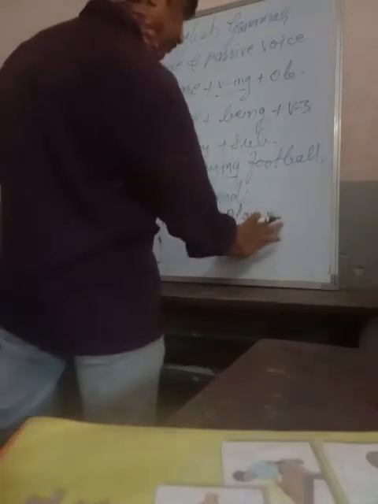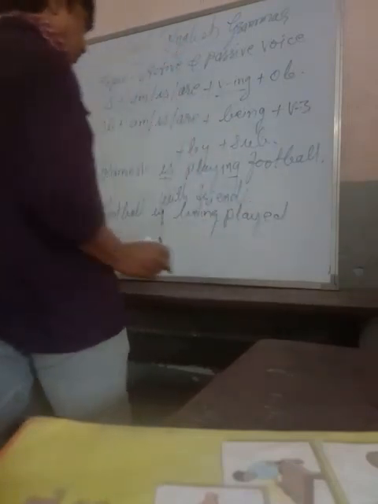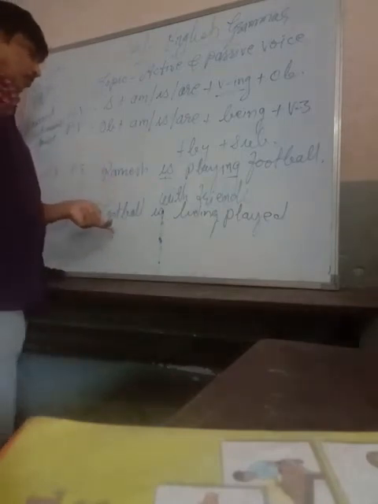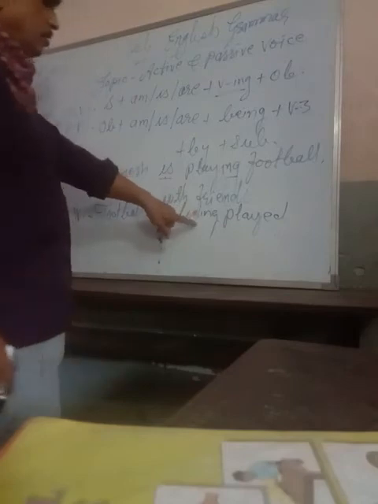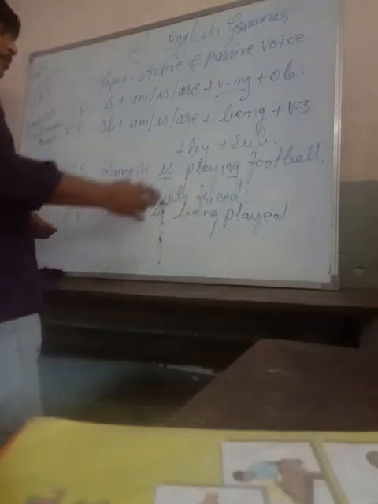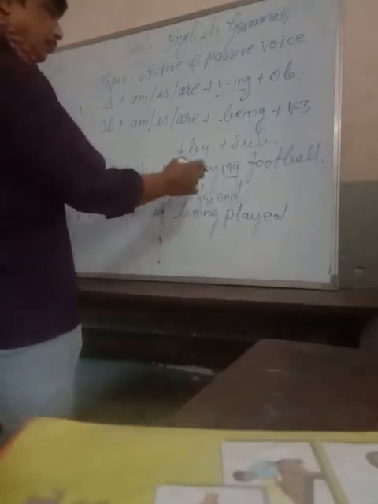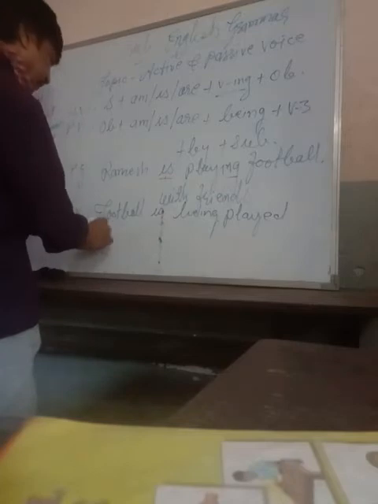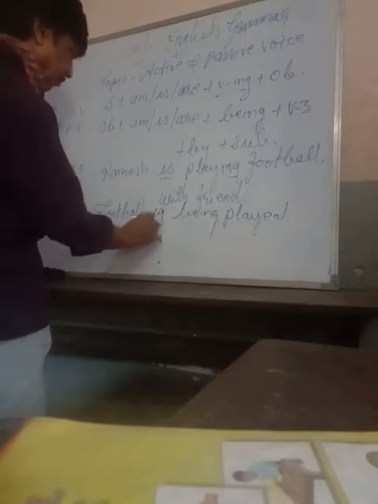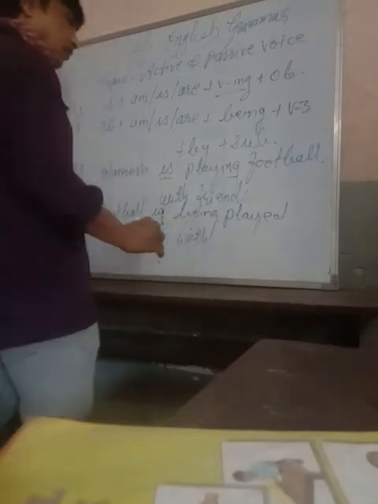Sorry, played. We have to always use the third form of the verb in the passive voice. So football is being played, because "being" is already here showing the continuous tense; ing is added to it. So football is being played by Ramesh with his friends.